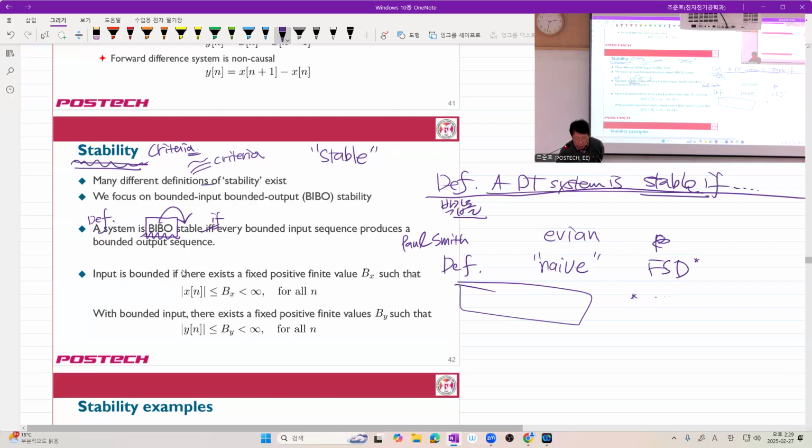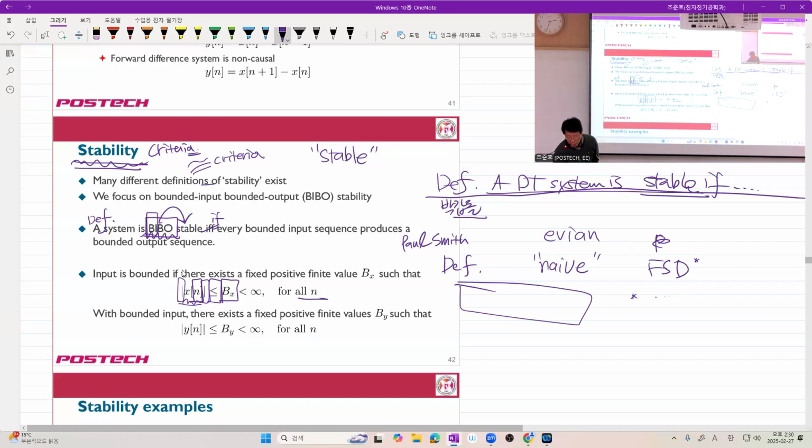And the problem is, what is the definition of bounded input? Bounded input means that you can find some fixed positive number such that for every time index, your input signal's absolute value, or if it is complex, its modulus, is less than or equal to that number. You must be able to find some finite number. In that case, it is bounded.